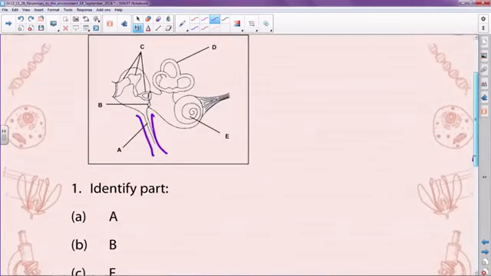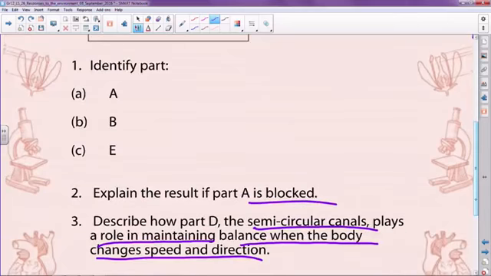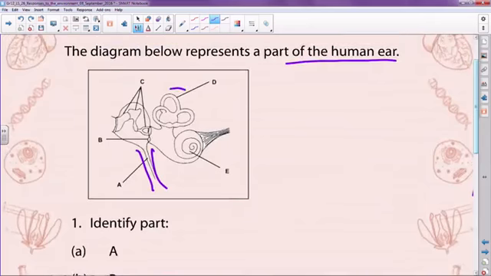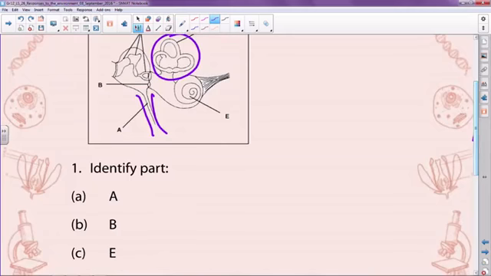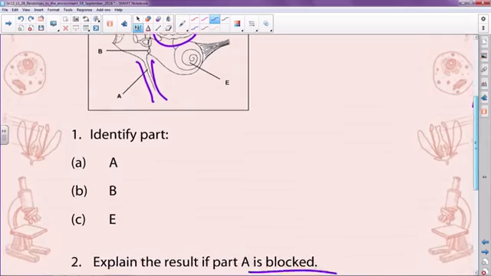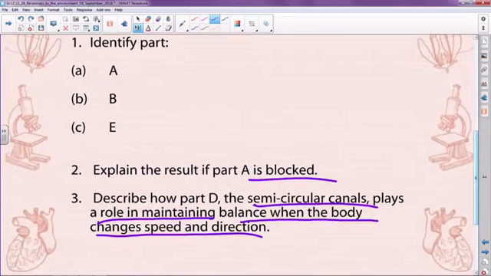And then lastly, the semicircular canals, which is part D, is this piece here. How does that play a role? I'm going to give you 3 minutes. After a while, I'm going to move it down so you can see questions 2 and 3. Are you ready? Off you go.